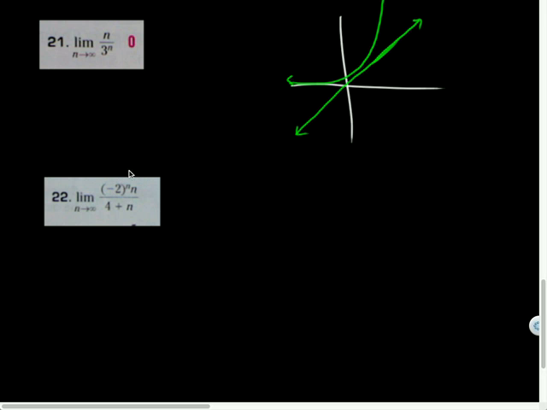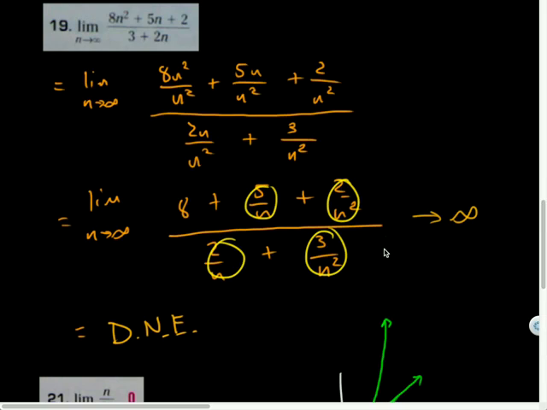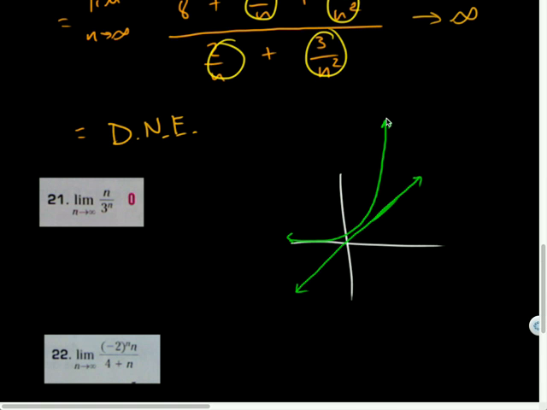Is the denominator 4 plus n? Yeah, 4 plus n. So 2 to the n is mondo huge, right? So this would be like dividing a mondo huge number by a much smaller number that's also infinitely huge. But because it's so much bigger, the ratio is going to be approaching infinity.